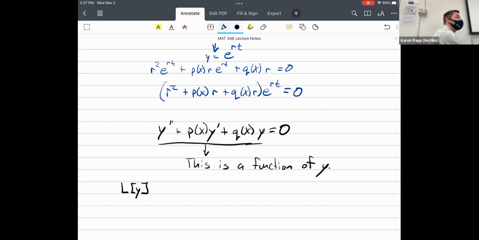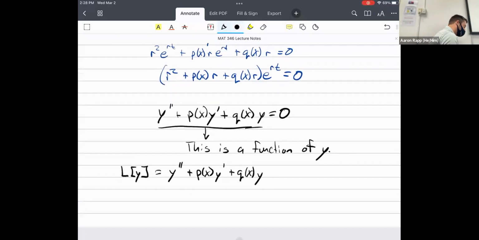This function L is still a function, because it does exactly what we described. It takes whatever that y is, finds its second derivative, adds it to p of x times the first derivative of that y, and then adds it to q of x times the function y.